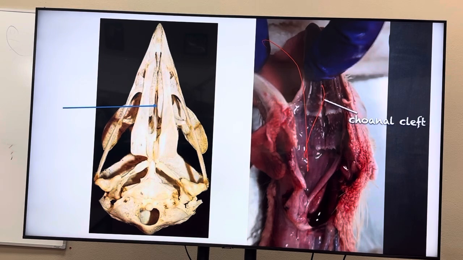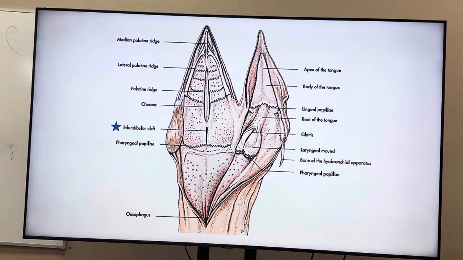Food coming, and here we can say air. So this is the structure that we have just looked at here.